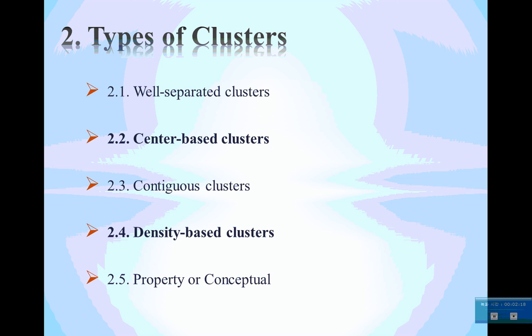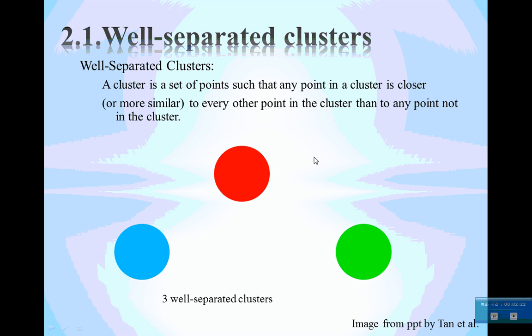Now we are going to introduce the types of clusters. First is very simple: well separated clusters. Here are those data, and we can see they are very close together, and between each group there is a big distance, so we can easily see they are well separated.